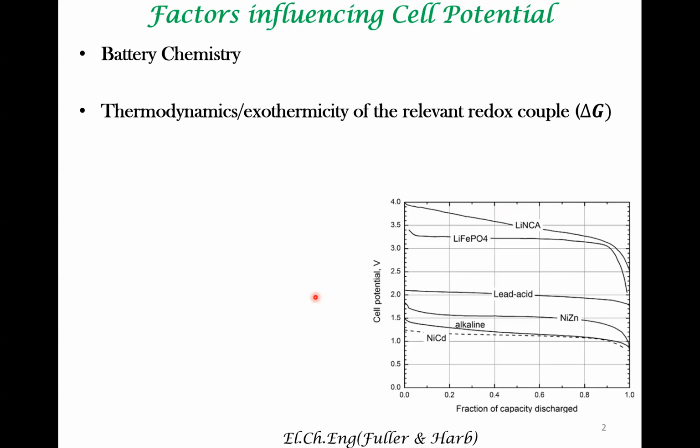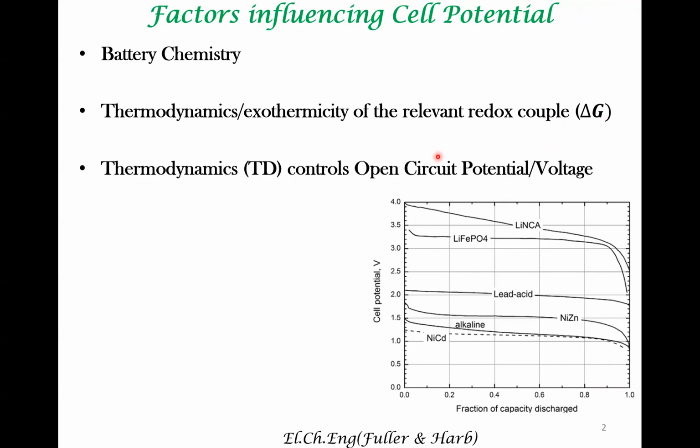chemistries. The reason for that is the exothermicity of the relevant redox reaction, as measured by delta G, which controls the voltage. And the voltage we are referring to is the open circuit voltage at full capacity. So that is here. You can have open circuit voltage at any capacity.